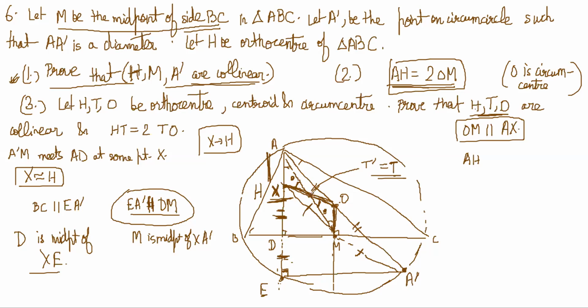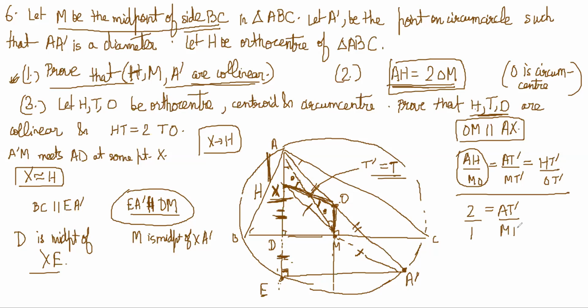So the ratio comes as AH by MO is equal to AT' by MT' is equal to HT' by OT'. This is the similarity ratio, but AH is equal to 2 OM, so this is 2 by 1 is equal to AT' by MT'. So T' divides AM in the ratio 2:1.